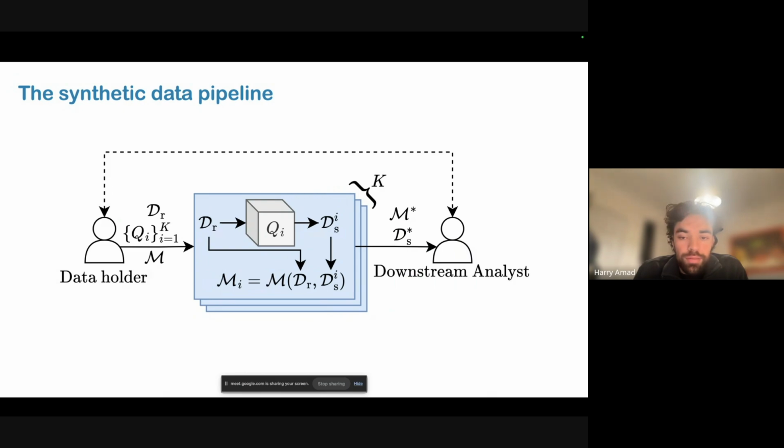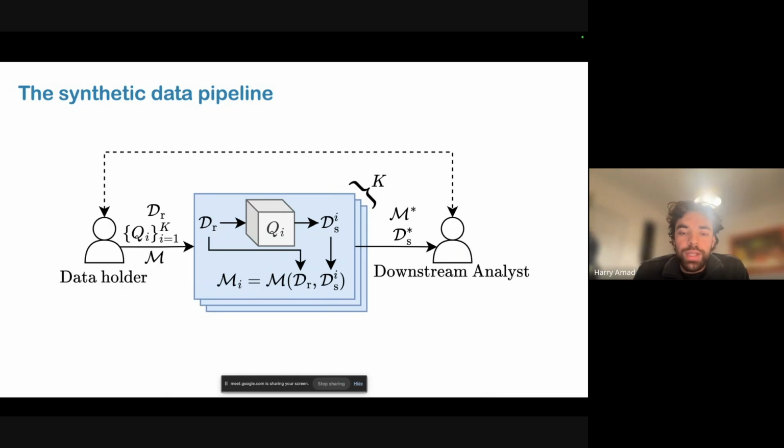Then they can measure the quality of the data sets produced by each of the generative models, and release downstream the best data set and perhaps also the associated metrics, so that downstream users can have some idea of the level of quality of the synthetic data.